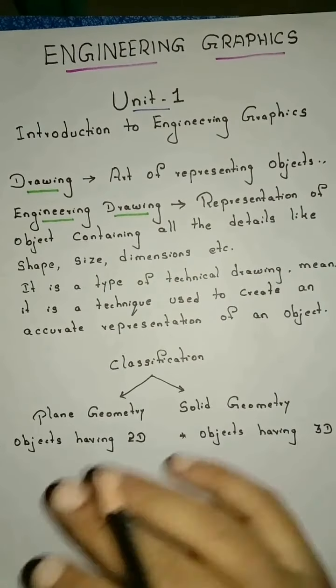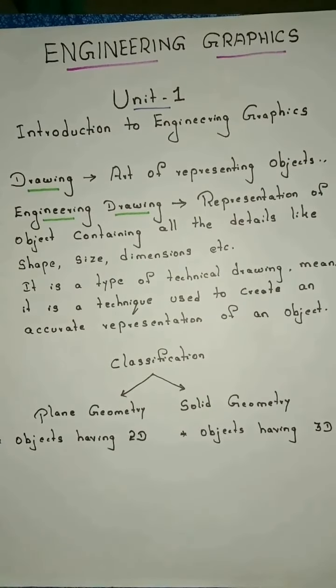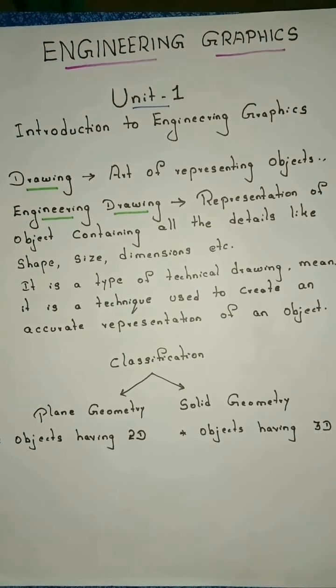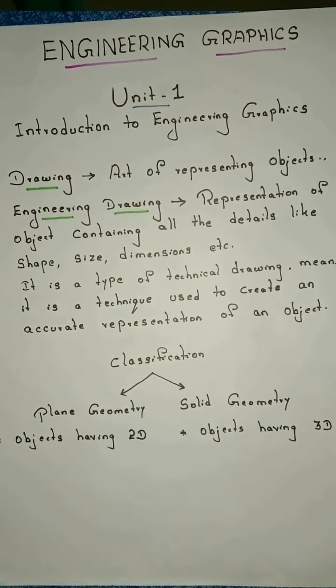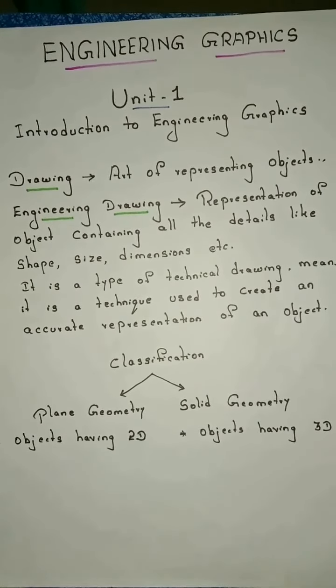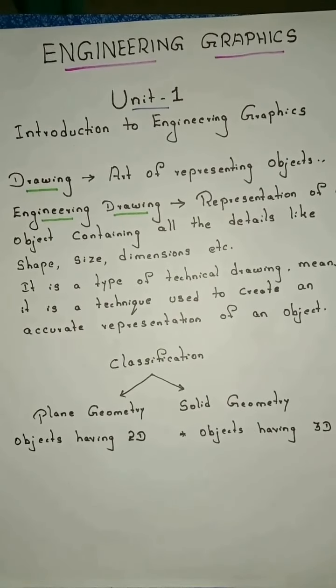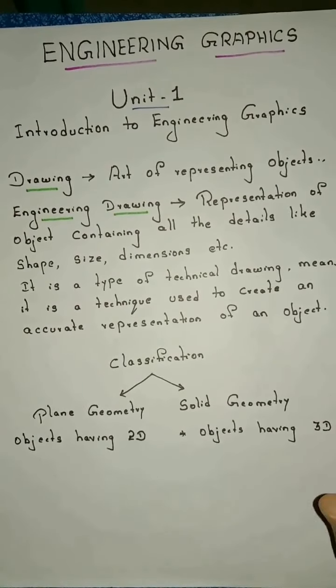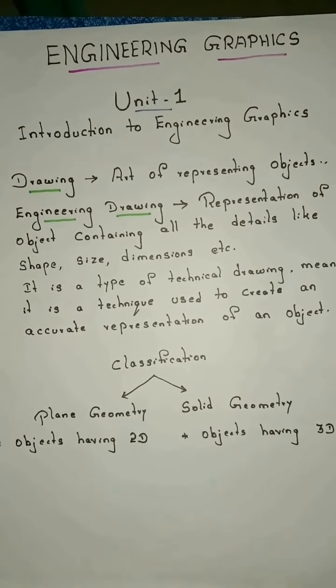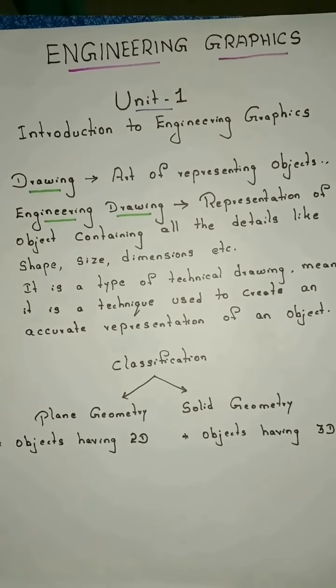But from the 3rd to 4th year, in unit number 5, we have one topic. The last topic was AutoCAD. In unit 5 part 2, we are going to learn about CAD. That is not useful for the external exam, only for internal exams.